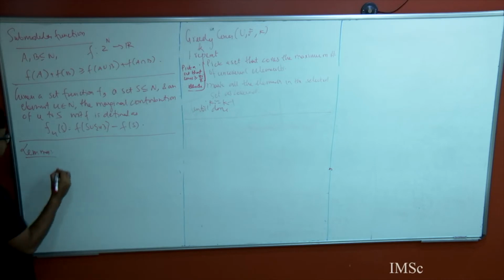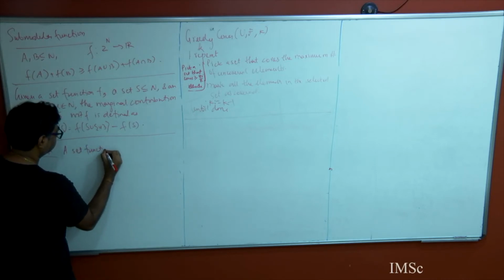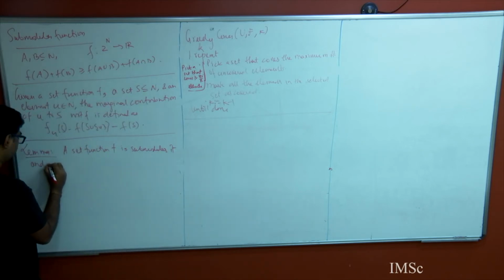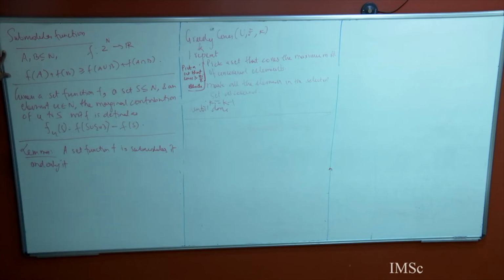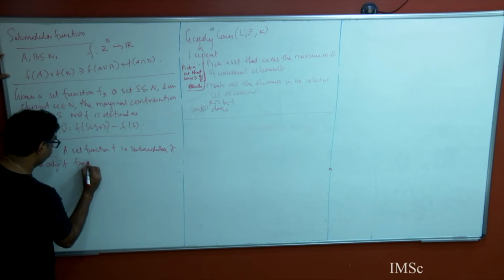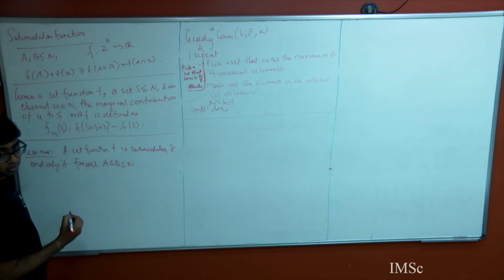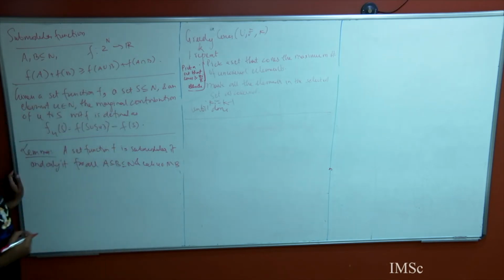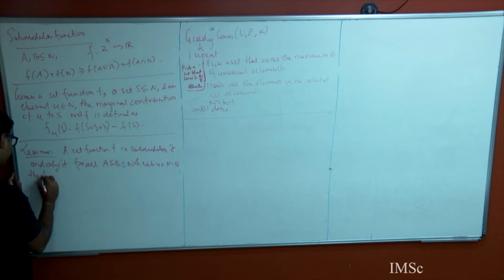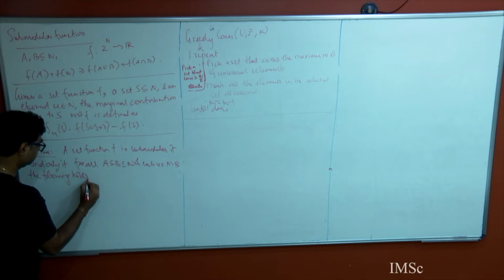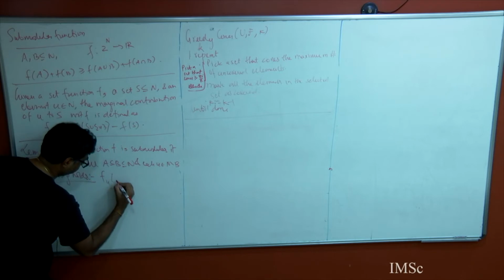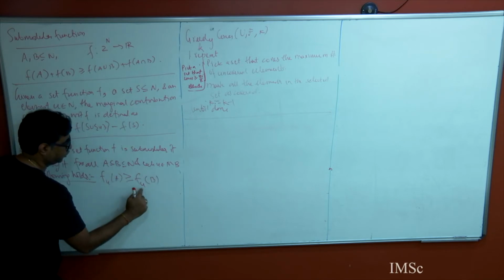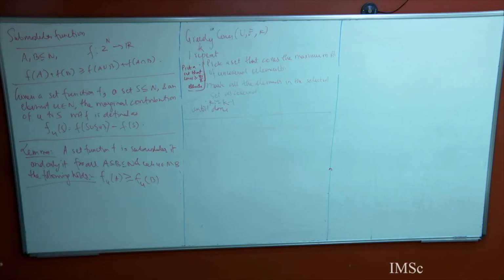A set function f is submodular if and only if, for all A subset of B subset of n, and each u in n minus B, the following holds: the marginal contribution of adding u to A is at least the marginal contribution of adding u to B. So the larger the set, the more the marginals keep decreasing.